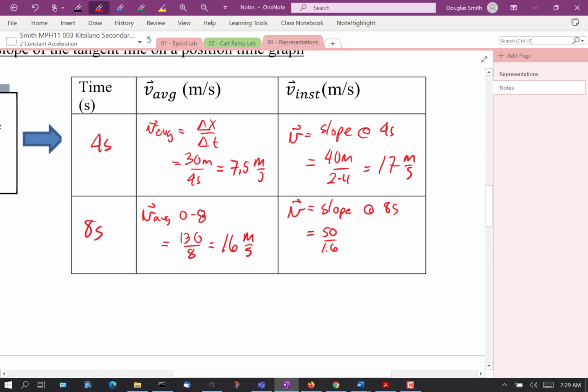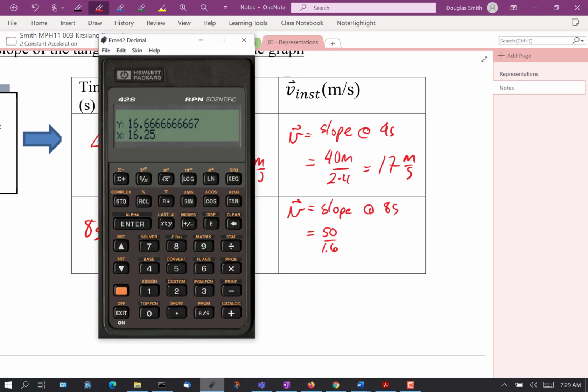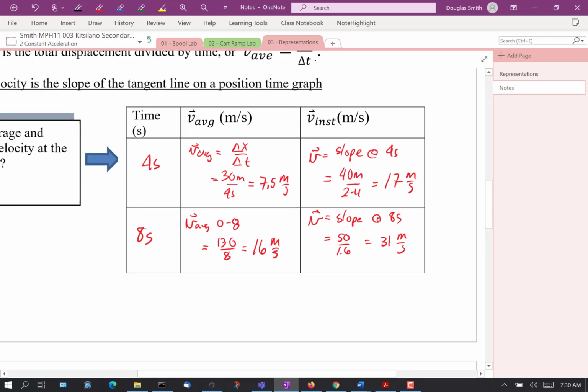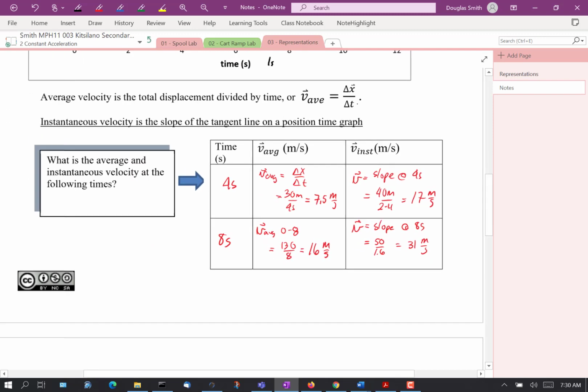We'd expect this number to be bigger than the 17 because the slope is clearly larger. And now we have an instantaneous velocity of 31 meters per second. Okay, so there's a comparison between finding average velocities and instantaneous velocities for something that's going constant acceleration.